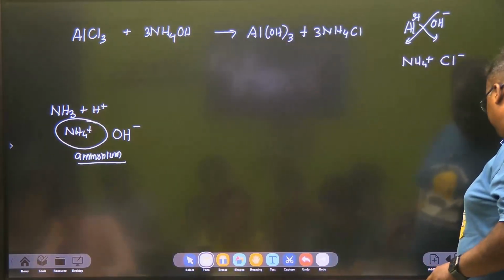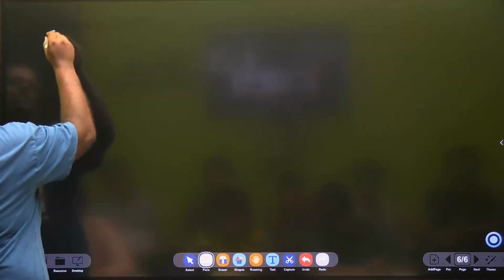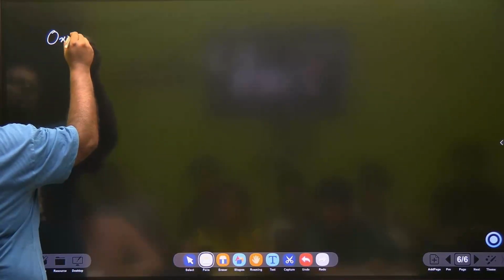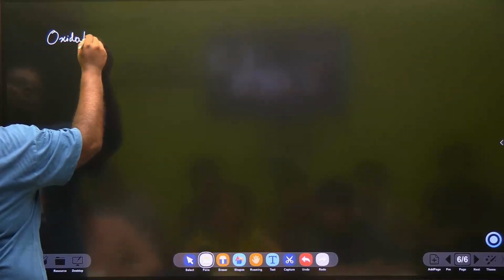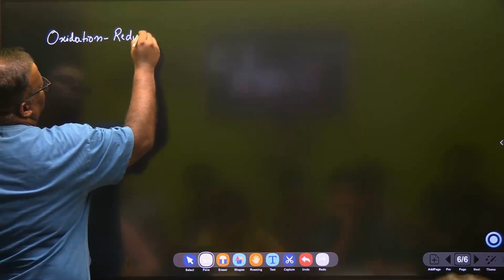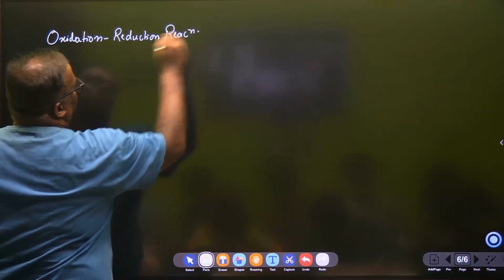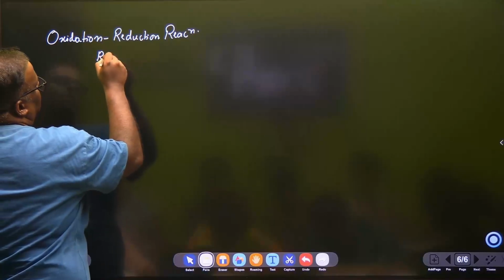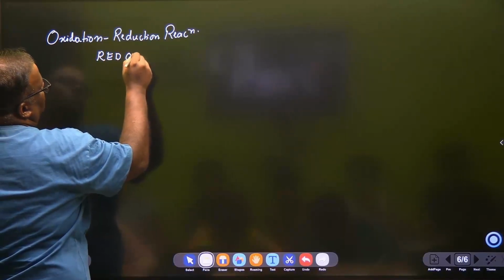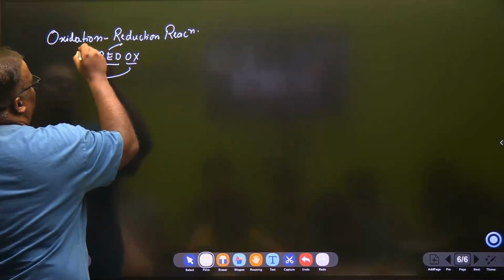Shall we? Okay. So our next category in grade 10, 11, this is a chapter: oxidation, reduction reactions. They are known as redox, where red stands for reduction and ox stands for oxidation.